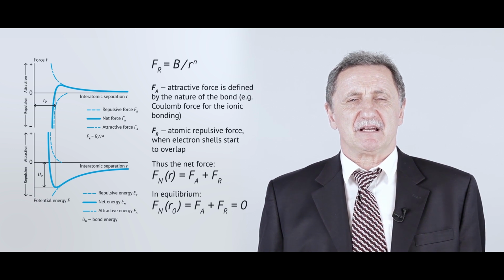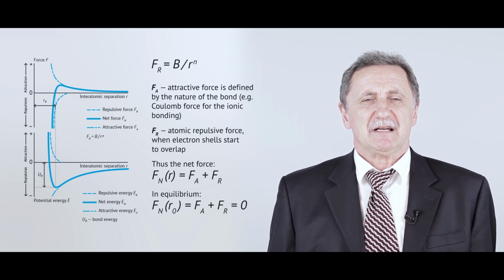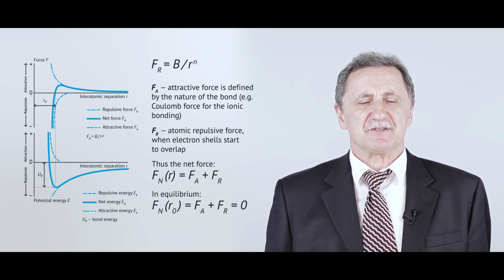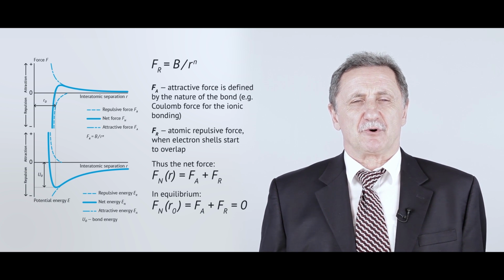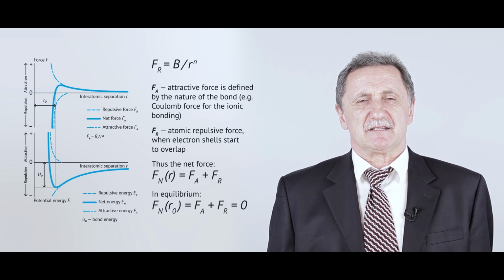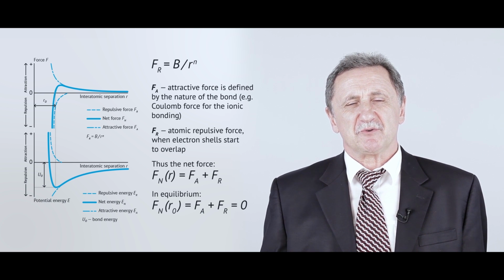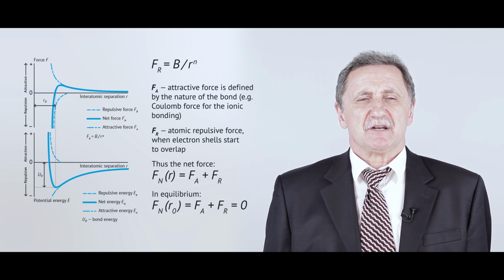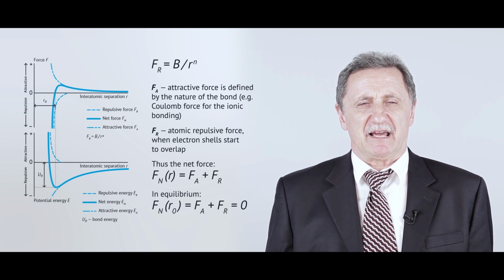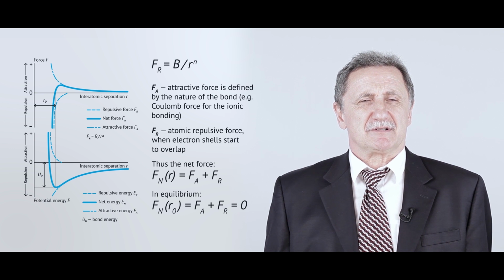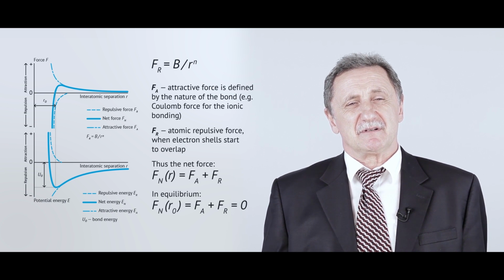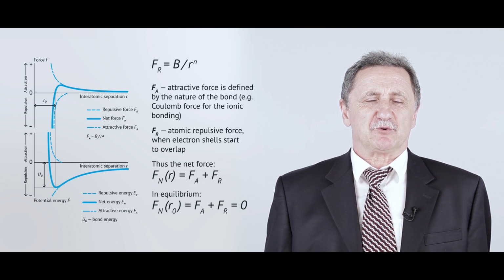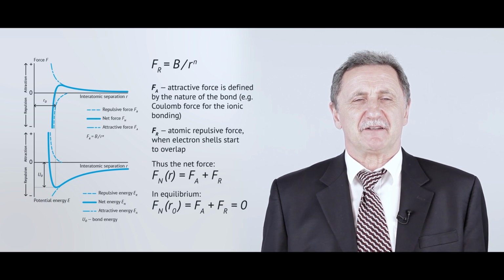It means in this case we indeed have a repulsive force. The dependence of this force as a function of distance is inversely proportional to the 8th or even 9th power of the distance. So it starts to play its role when the distance between 2 atoms is very small, however it is very strong. So now we have two forces, attractive and repulsive.